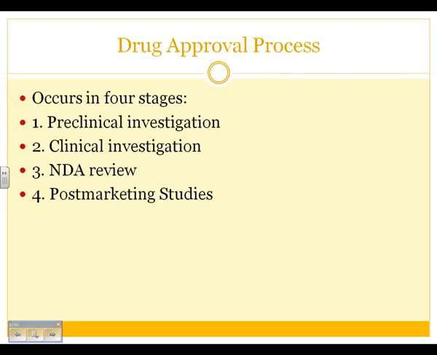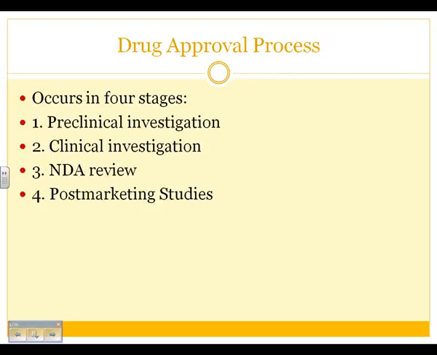This stage can take up to 10 years. So now you see why we had to speed the process up for some disease processes that needed it. During this clinical investigation, they do human trials with small groups of individuals that they track to see how they're responding to that medication. Does that make sense? Okay.